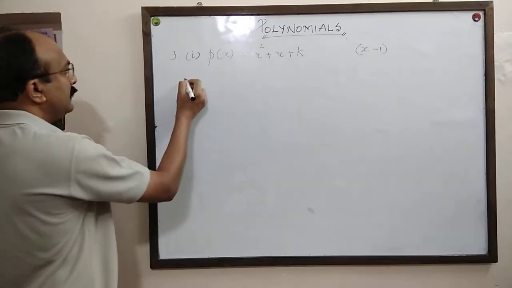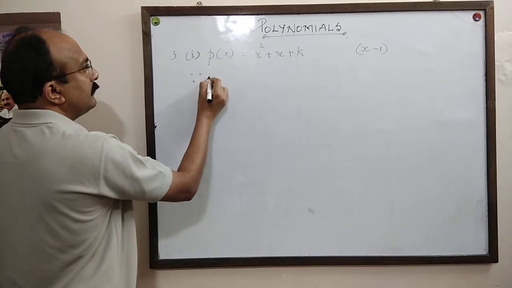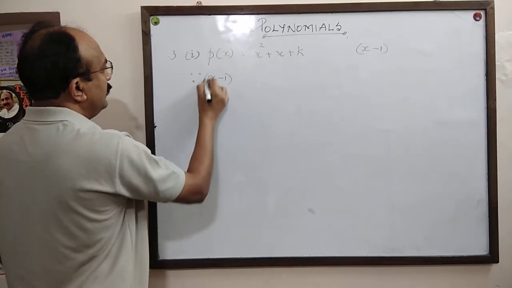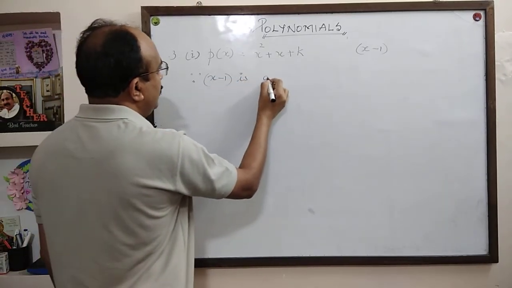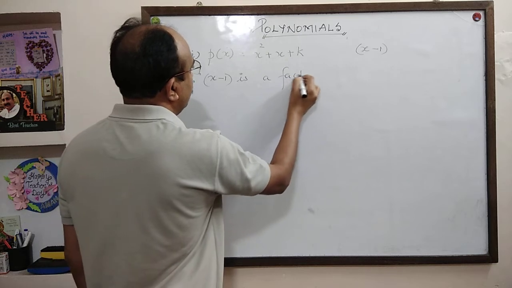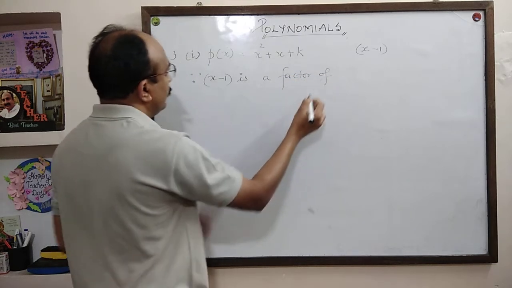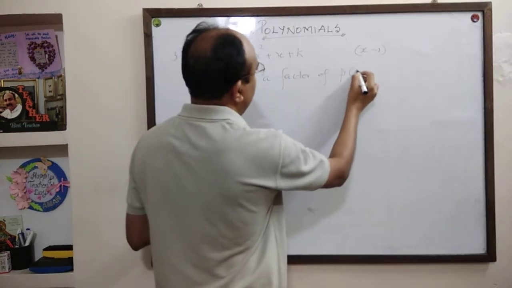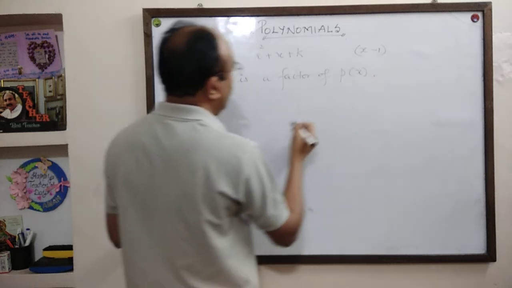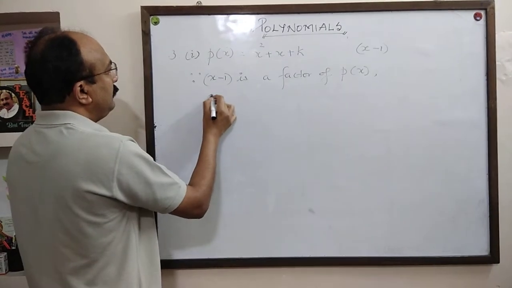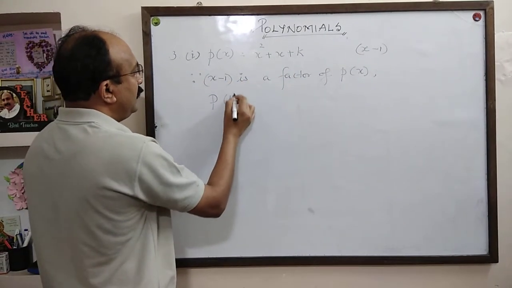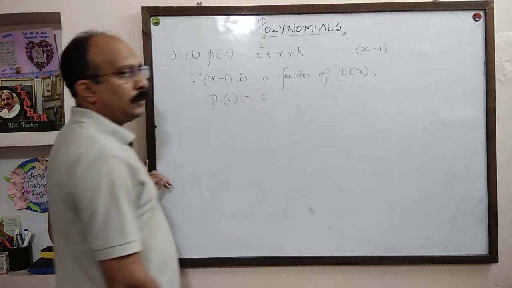So how will you begin? Since x minus 1 is a factor of P(x), what can you say? P of 1 equal to 0.